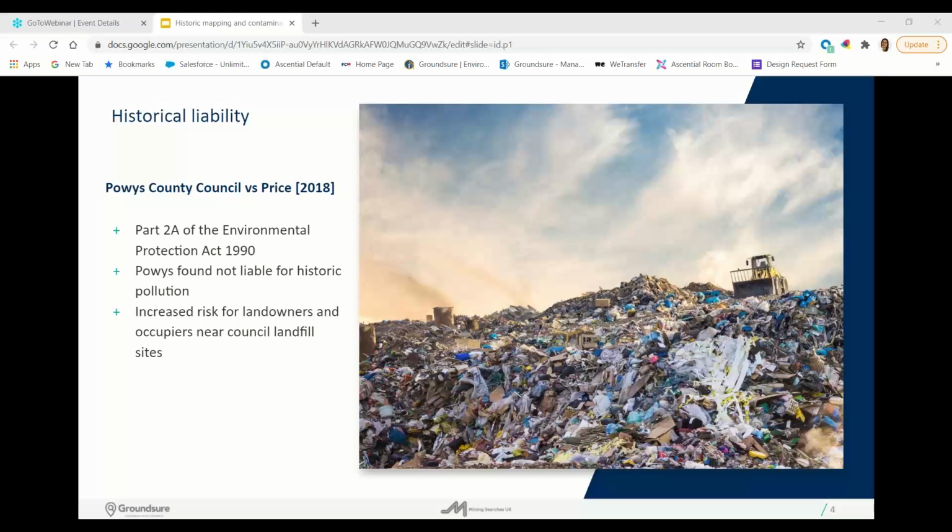Such appropriate persons should include an innocent owner or buyer of residential or commercial premises where the contamination is of a historical nature and the original polluter can't be identified or located.